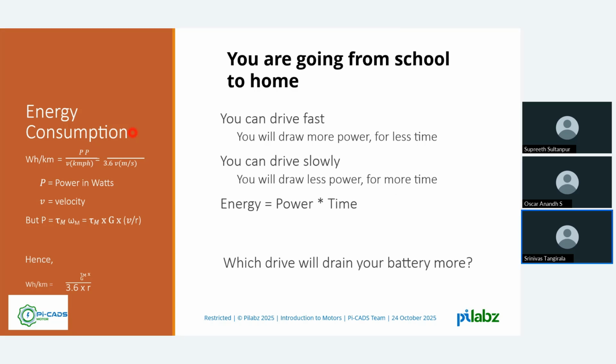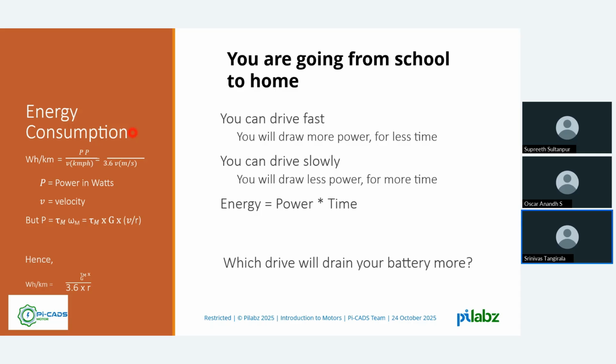Which drive mode should you use to maximize the range of your vehicle or draw less power from the battery? And there is some other calculation on the left: energy consumption, watt hour per kilometer, how is it calculated? Power in watts and V is velocity.